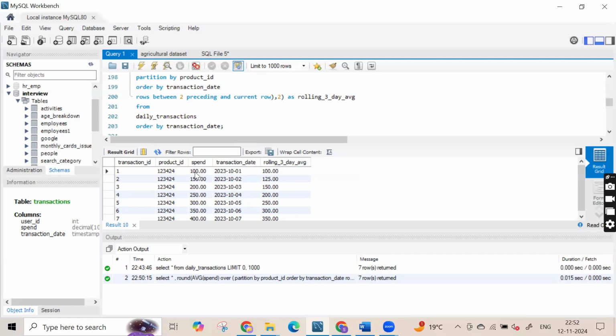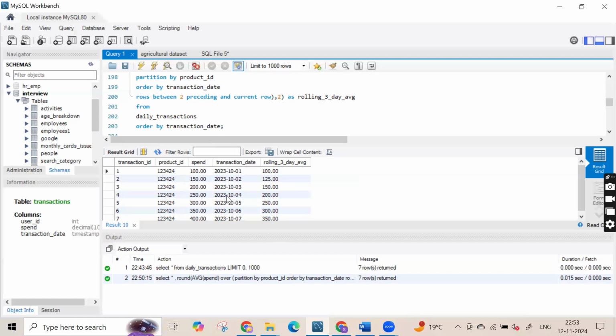So that's why 150 plus 100 is 250 plus 0, divided by 2. Divided by 2, this is what we did. And now when I go to this 200, now you have got the actual 3-day moving average. In this case you have got 150, like this. Similarly, when you go below this 250, then you get two preceding rows and one current row.